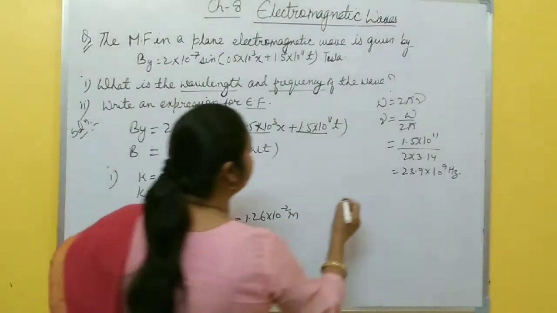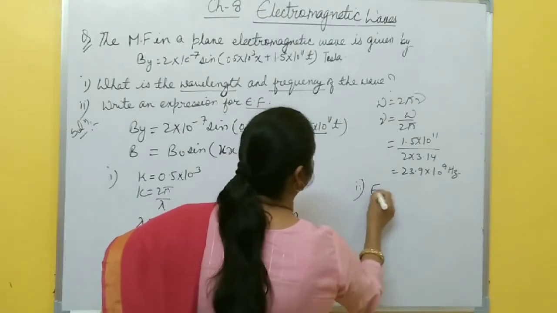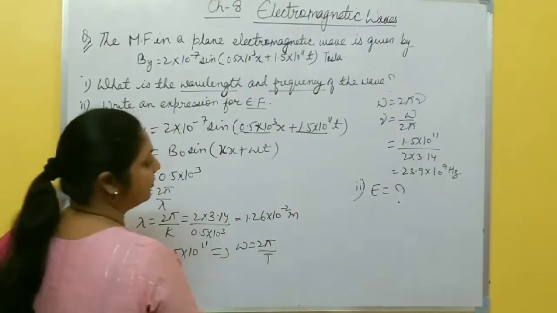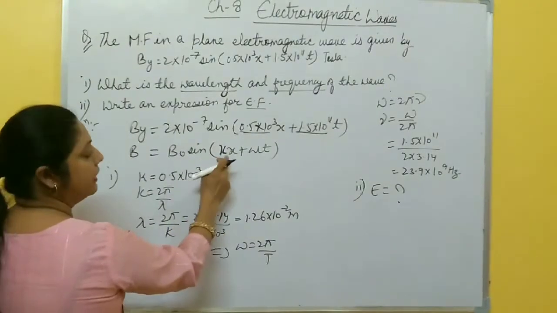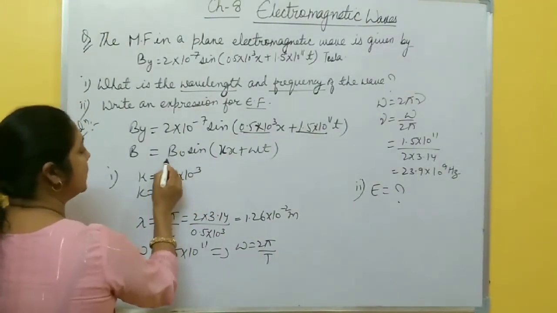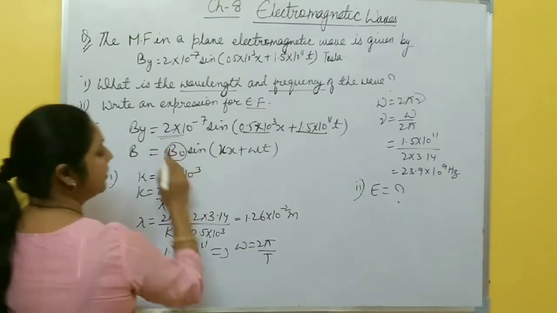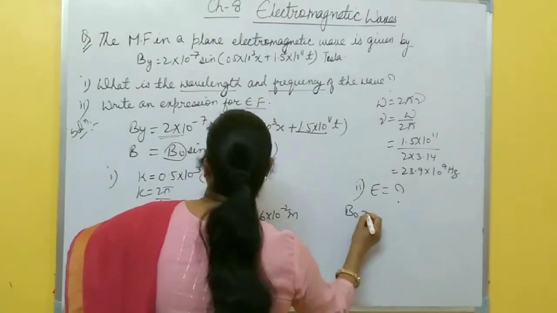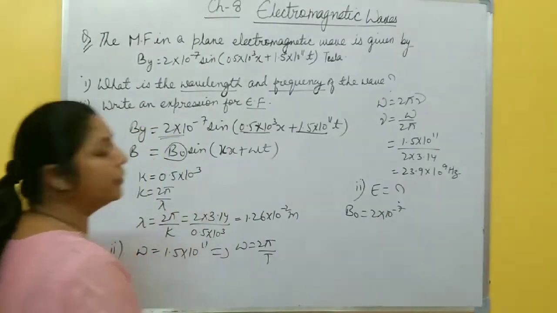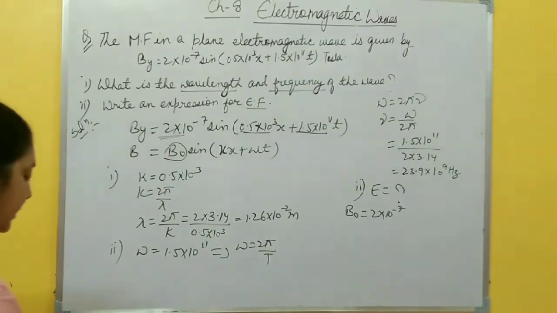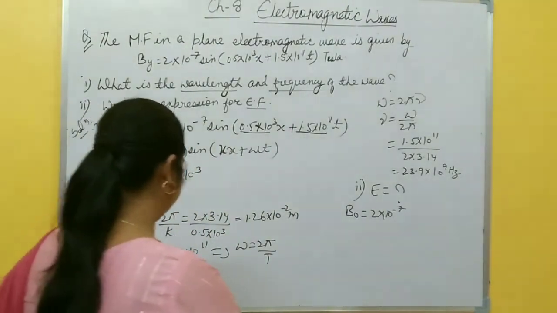It means E you have to find. How you find E? Okay, you know B equal to B naught sine (kx plus omega t). B naught is also given, 2 into 10 to the power minus 7. And you know one relation between E naught and B naught. What is that relation?